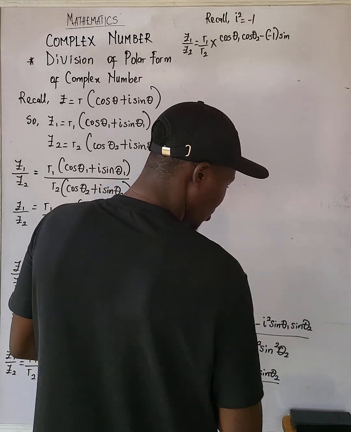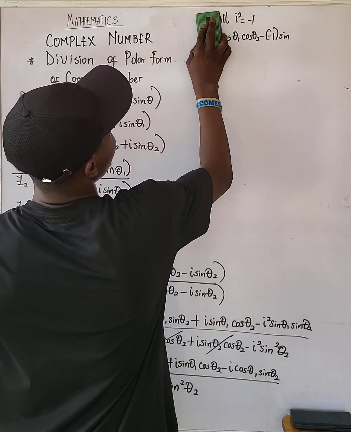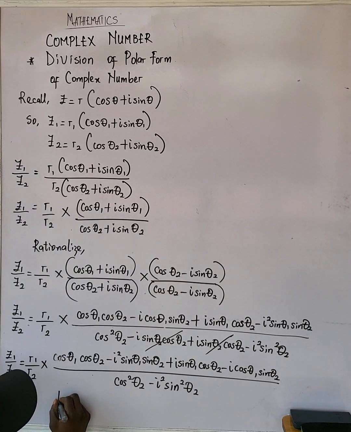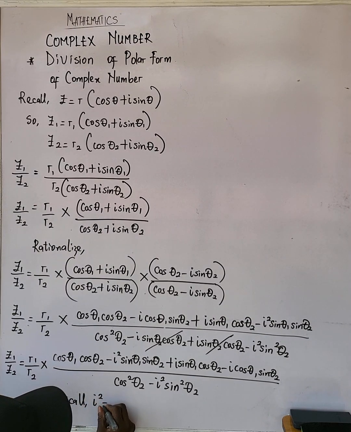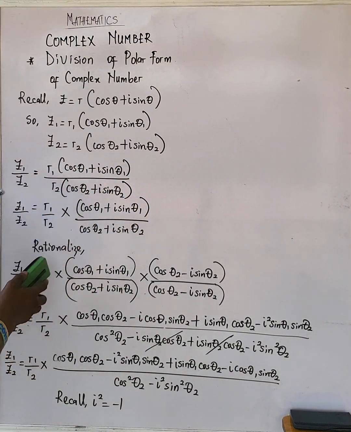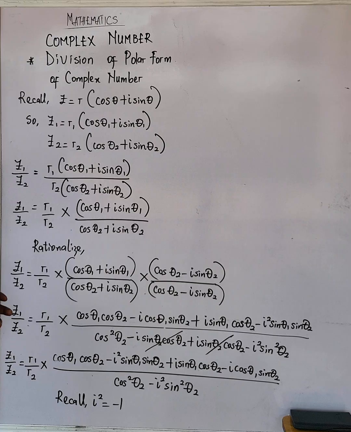It will not be able to contain it. So let me just recall that i square equals minus 1, right? That's the next step. So please permit me, you can just pause the video and write this, or take a screenshot of it, while I clean this part.